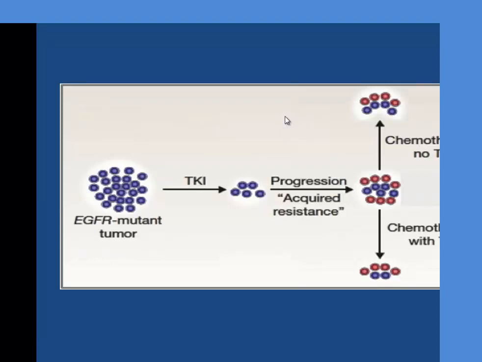What they found actually, the EGFR mutant tumors here, when they are treated by tyrosine kinase inhibitors, you expect to see a tremendous improvement. You knock this off. Unfortunately, when those acquire a resistance, you can see this will slightly go back, but with chemotherapy and tyrosine kinase inhibition, you expect to see a tremendous progress.